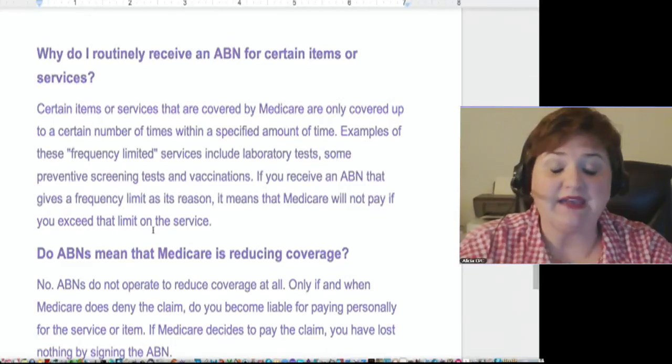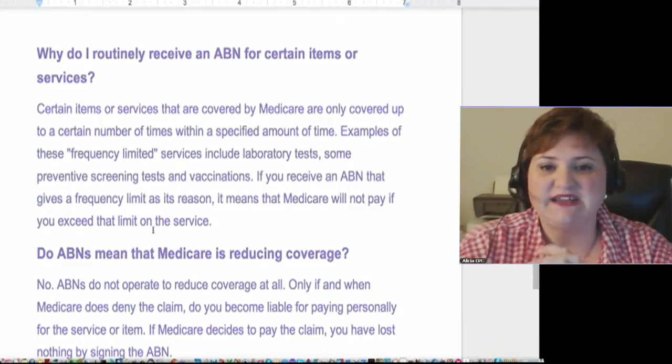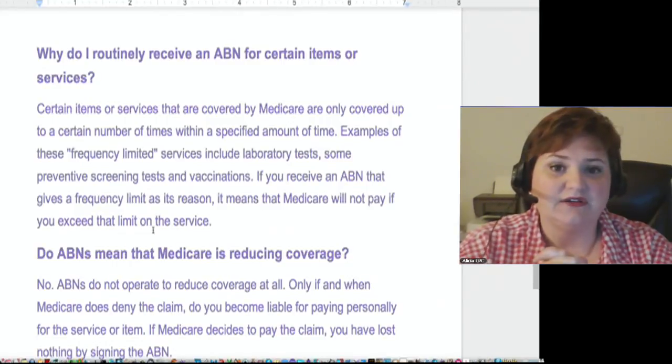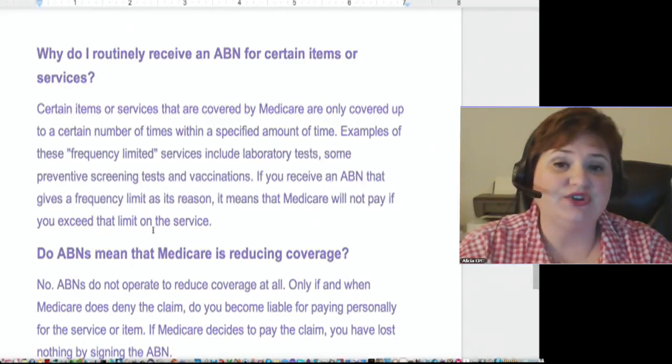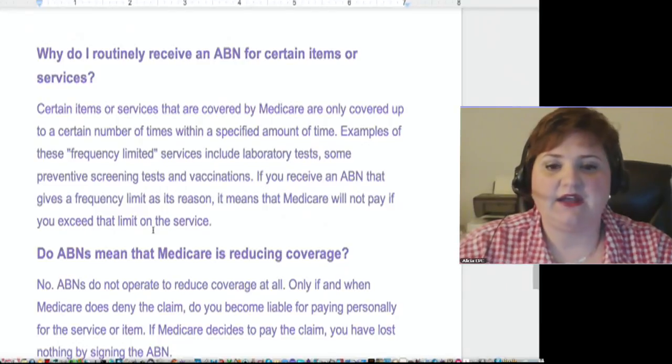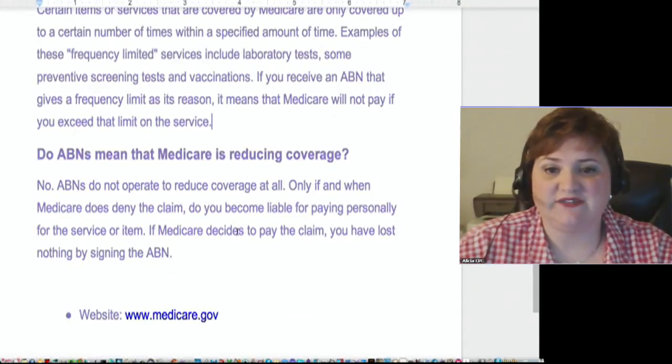I don't know, I'm making that up, but it might say you can have 3 vaccinations in 1 year, or 2 vaccinations in 1 year. You and your doctor get to choose, but they're not going to pay for 3. And there could be all kinds of things like that. Or you can have X amount of lab tests in 1 year, or in 1 month.